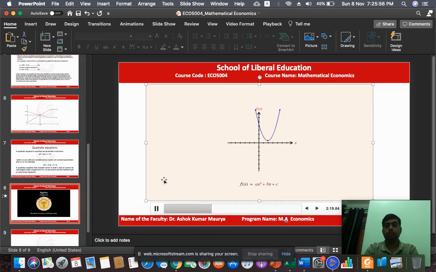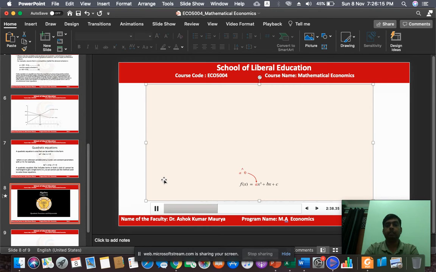A curvature line can be moved from one quadrant to another quadrant. So this is the basic nature of the line of a quadratic equation, that is the curvature line.